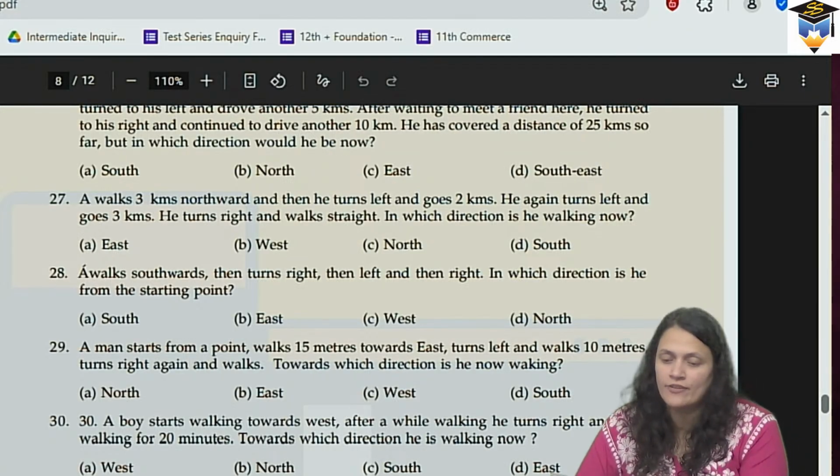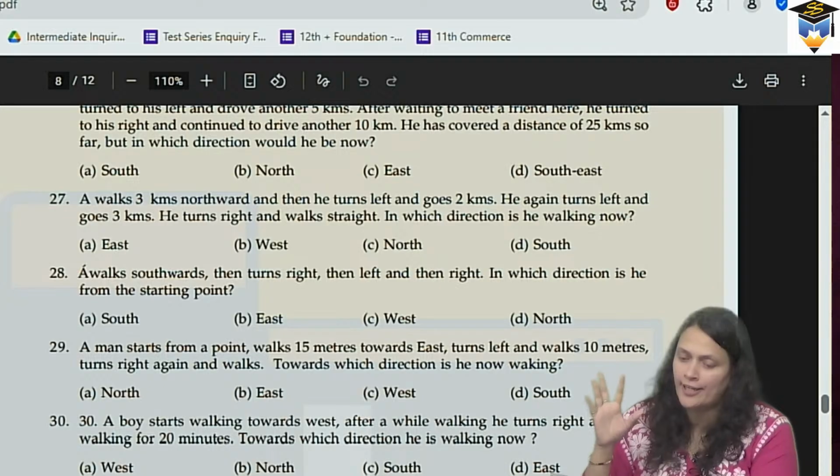What all is given? A walks southwards, then turns right.